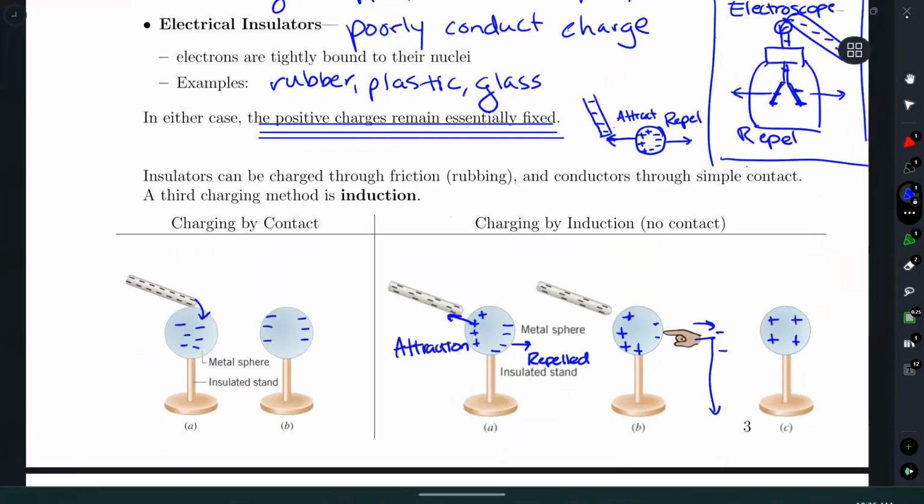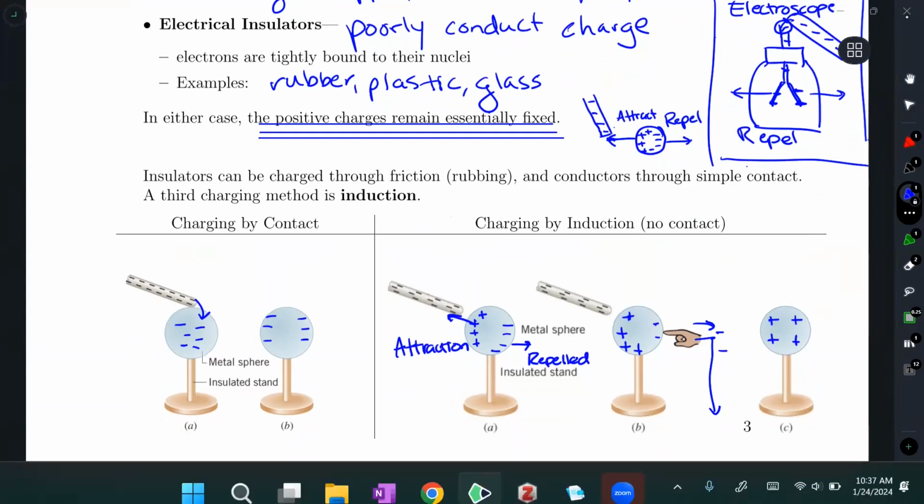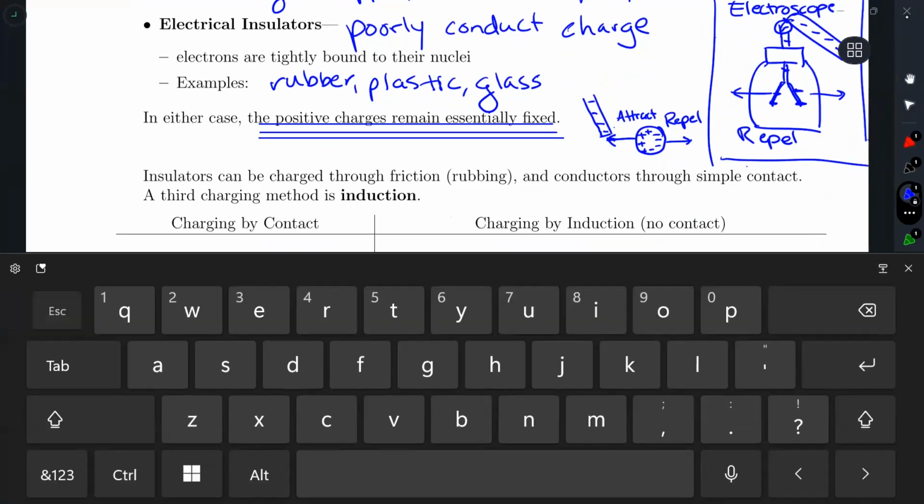Have you stumped on that one? It is tricky. Yeah, I don't get that one.